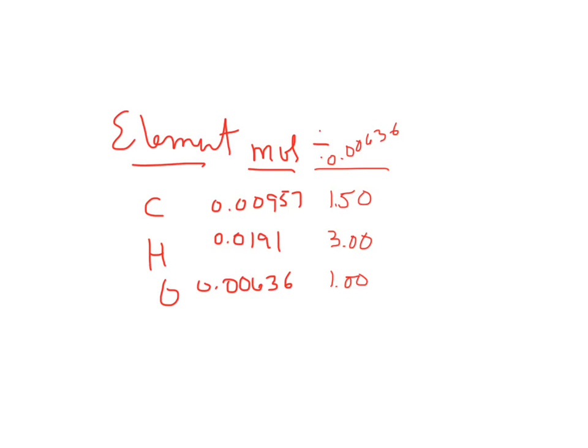So this is one where we're not ready to give the empirical formula yet. We're going to clean things up. How can we get rid of the 0.5? Multiply by 2. Yep. If we multiply everything by 2, that gives us 3.00, 6.00, and 2.00.